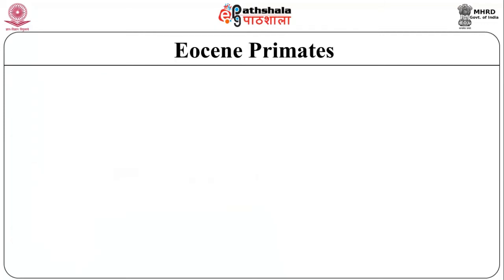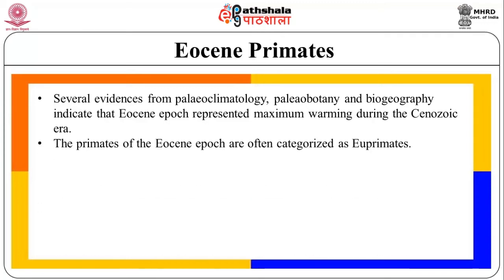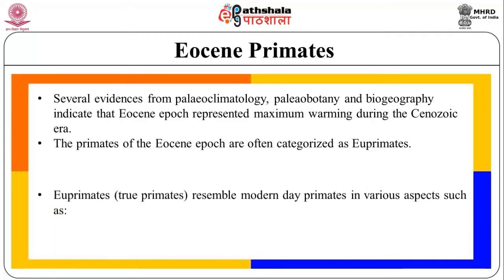Eocene primates. Several evidences from paleoclimatology, paleobotany, and biogeography indicate that the Eocene epoch represented maximum warming during the Cenozoic era. The primates of the Eocene epoch are often characterized as euprimates.